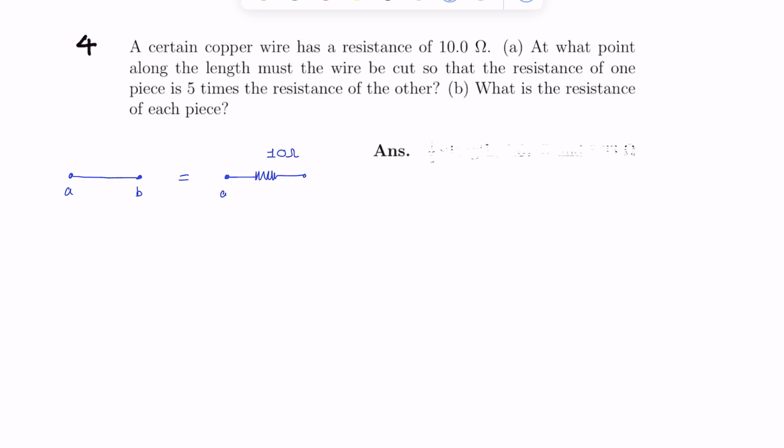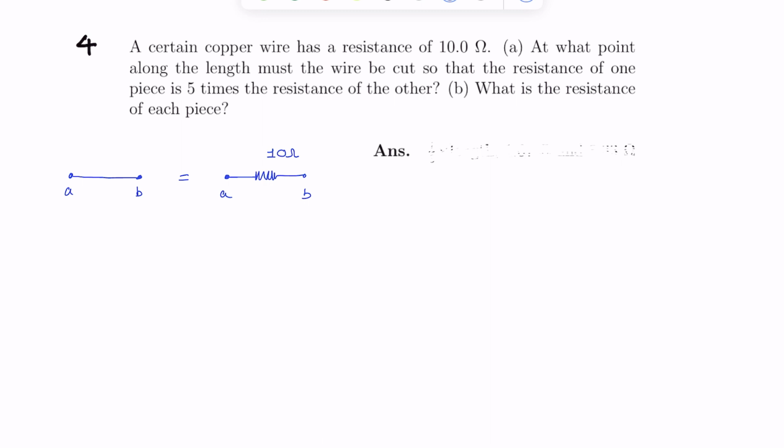So don't get confused when a question just says there's a piece of wire. You can imagine that you have replaced that wire with a resistor of the equivalent resistance given in the problem. So this piece of wire is the same as having a resistor of 10 ohms.